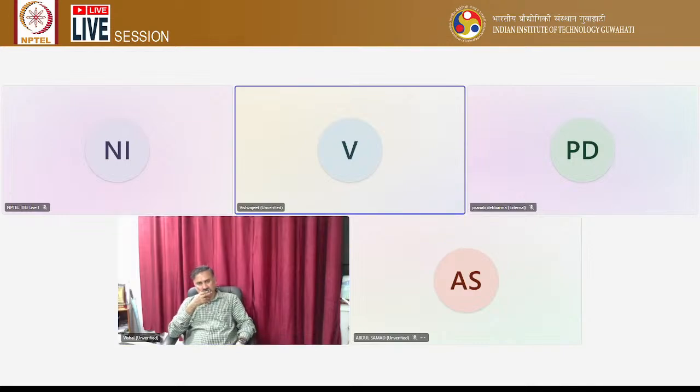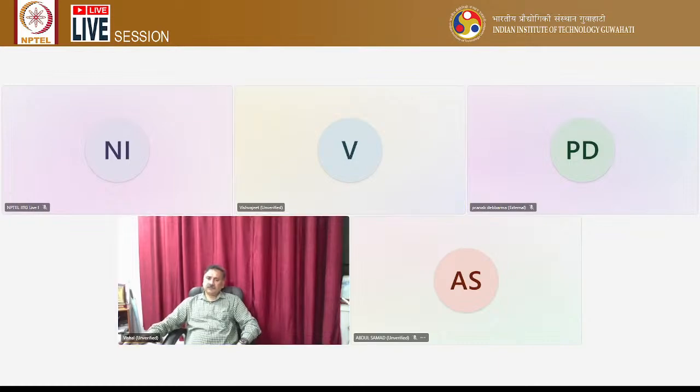So I have a query on the 14th lecture. In that you have shown an amino acid table. In that, for selenocysteine the one letter code is U, but the U code is also for another amino acid also.